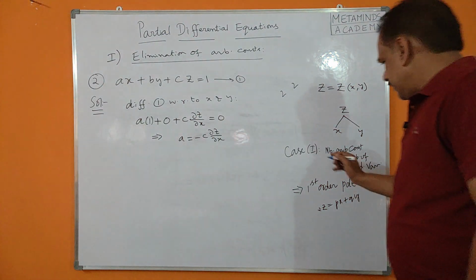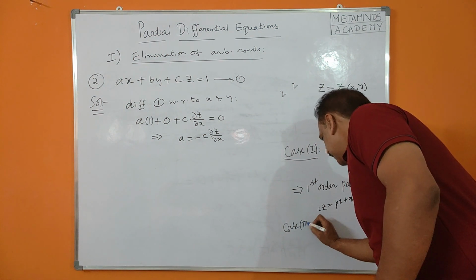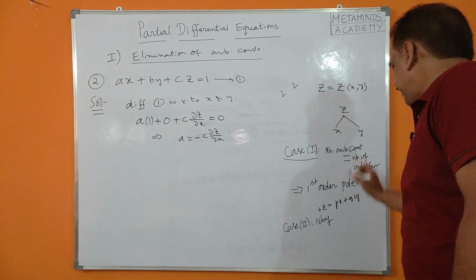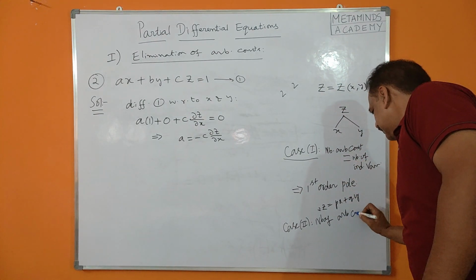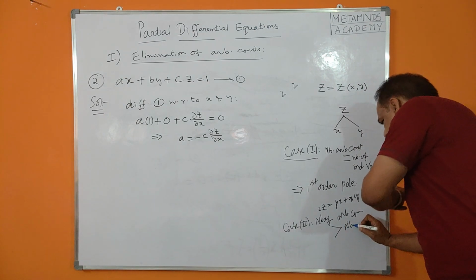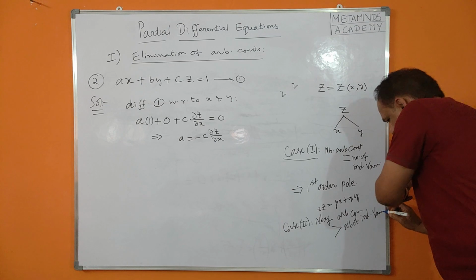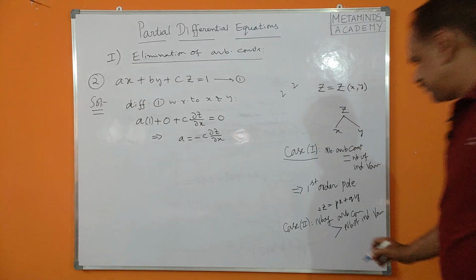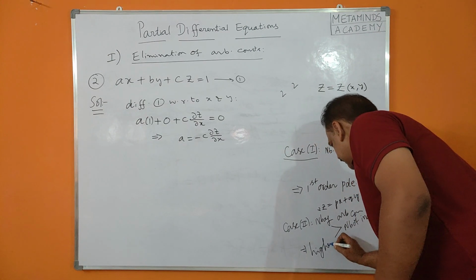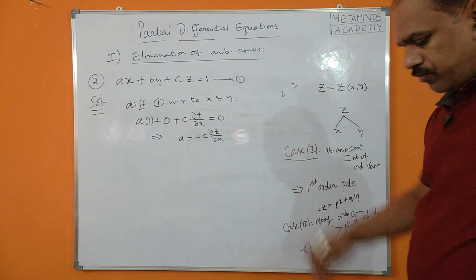Okay. When case 2, what is case 2? When number of arbitrary constants is greater than number of independent variables, you will get higher order, either second order or more.